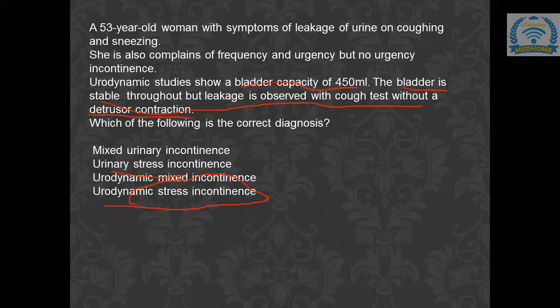I want to share, I also appeared in part 2. In the second part of the exam, in EMQs, there were 3 to 4 questions which were all on urodynamic studies, but there were no graphs. Maybe there was a little change, because when I appeared for my part 2 exam I had the graphs as well.